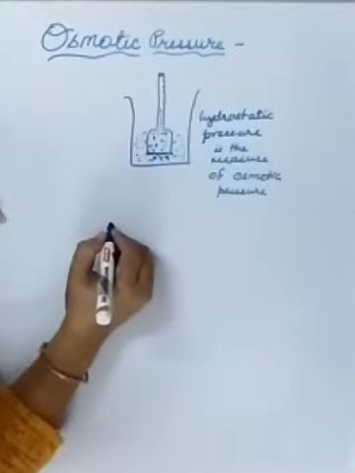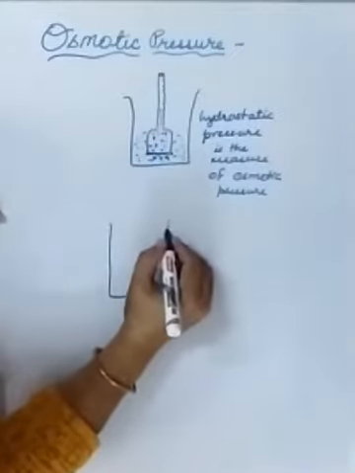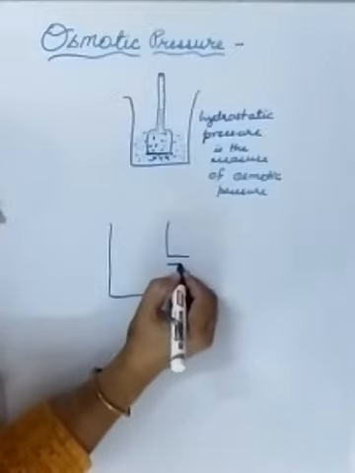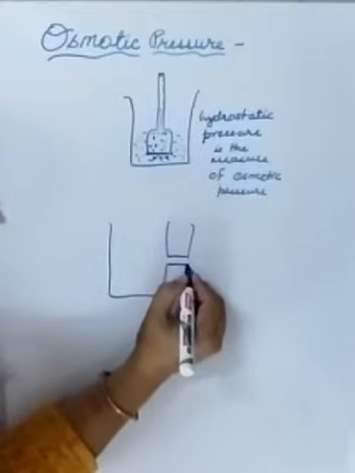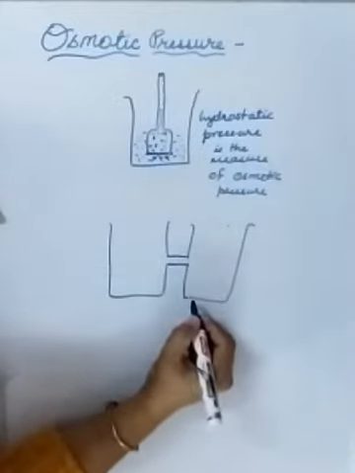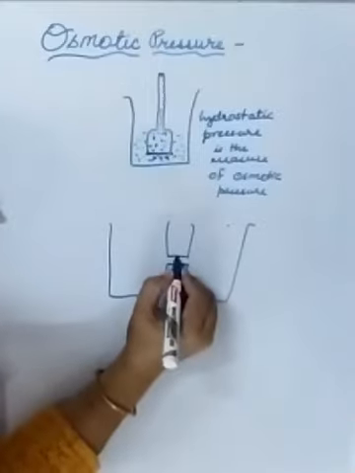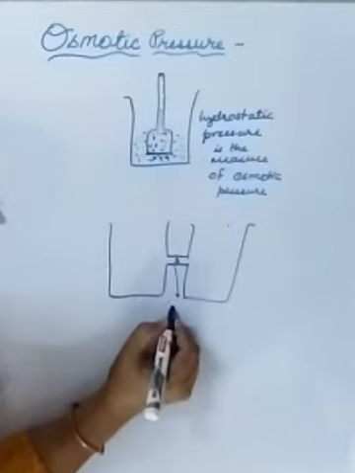Now let's have two vessels. One more experiment. Let's have two vessels connected through a tube in which a semi-permeable membrane is fixed between the two vessels. This is the semi-permeable membrane.